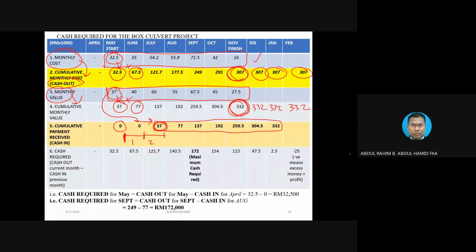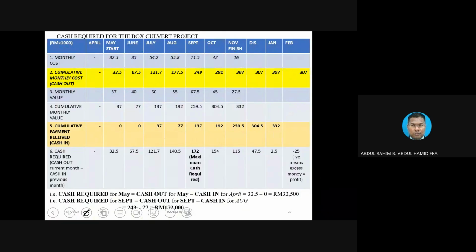Now let me erase. How do I get this? The first payment, 32.5K. Remember, cash required is the cash out here.